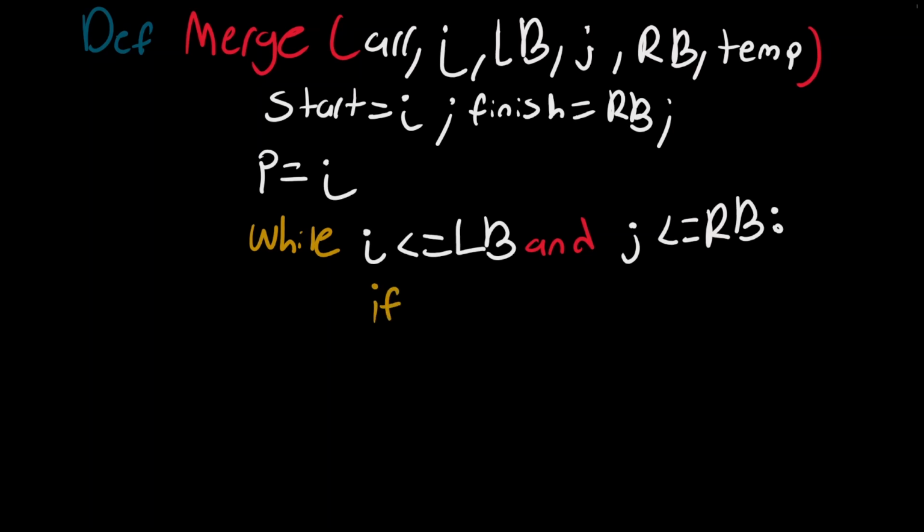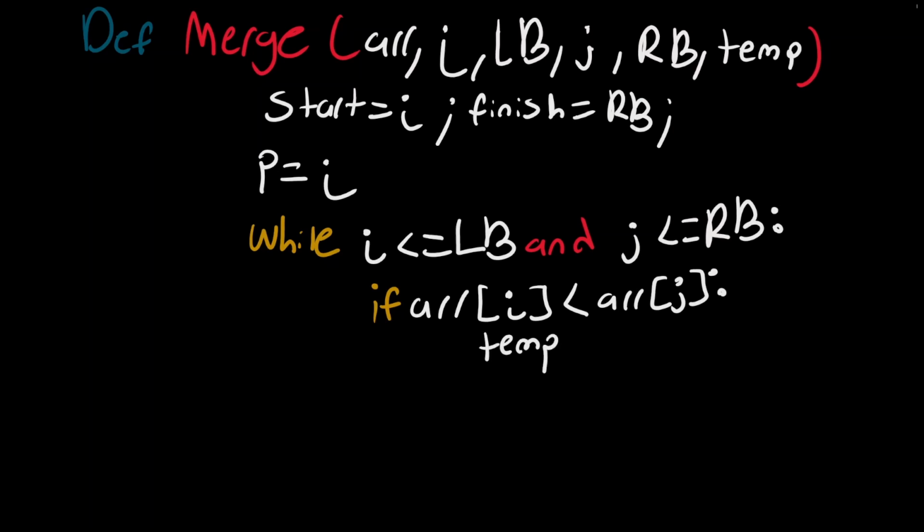If it's this question we were asking before, if array i is less than array j, then in our temporary array, pointing at p, so our pointer is going to be equal to array i; then we're going to increment i. So we're going to do i++. This is going to increment i by one.